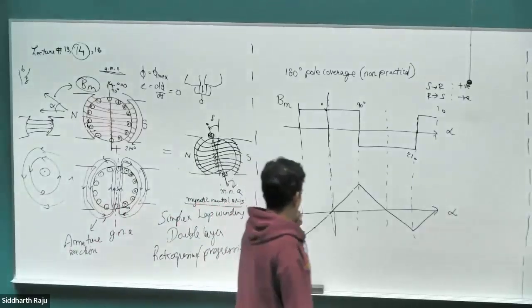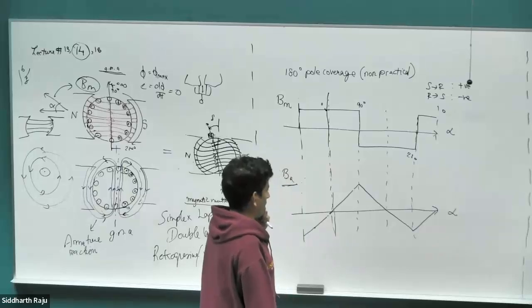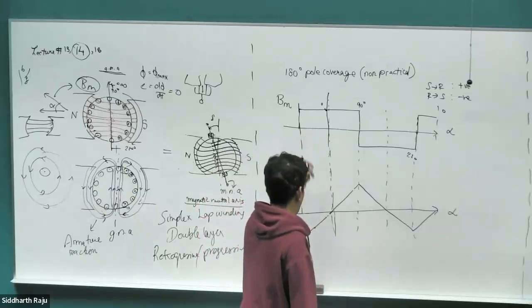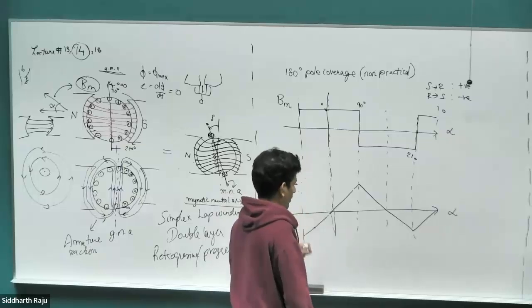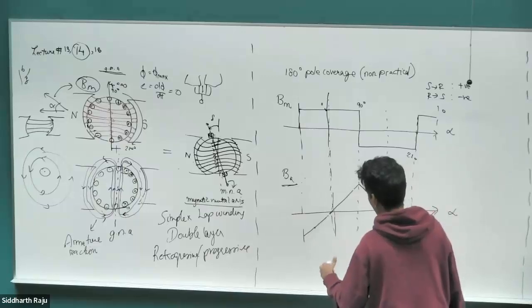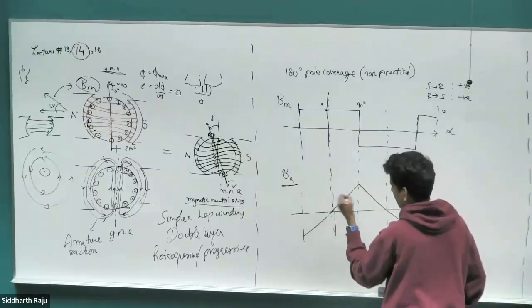Okay. So now the net magnetic field in the air gap that is perpendicular to the conductor at every point will be the summation of these two, assuming that the core hasn't saturated. So let's do the summation and see what it looks like. Let me draw it on this itself. So at this point it's 0.